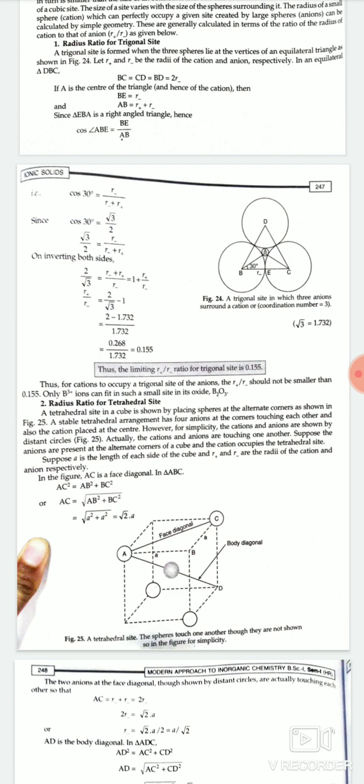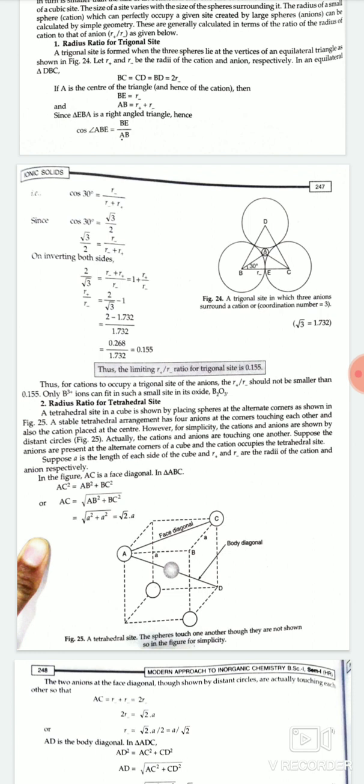Thus, the limiting r+/r- ratio for trigonal site is 0.155. For cations to occupy a trigonal site of the anions, r+/r- should not be smaller than 0.155. Only B3+ ions can fit in such a small site, in its oxide B2O3.